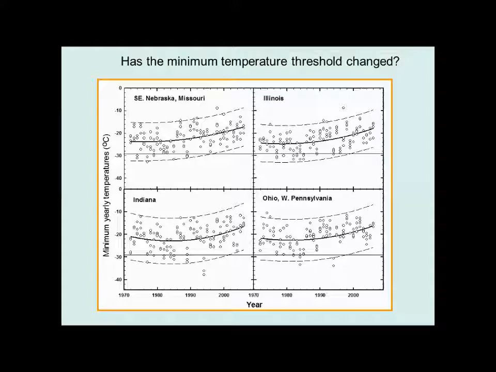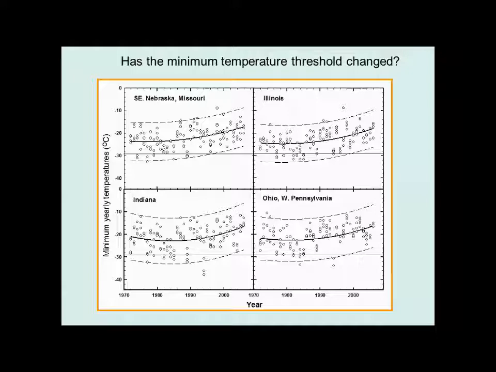Has the minimum temperature threshold changed, particularly for areas within the Midwest? So we looked at data from southeastern Nebraska, Missouri, Illinois, Indiana, Pennsylvania, from about the early 1970s onward. This solid line is the -28 degrees line, that's the limit threshold line, and this is the 95% interval.